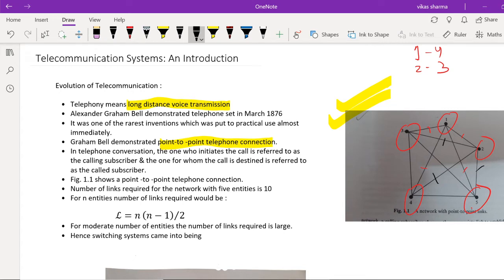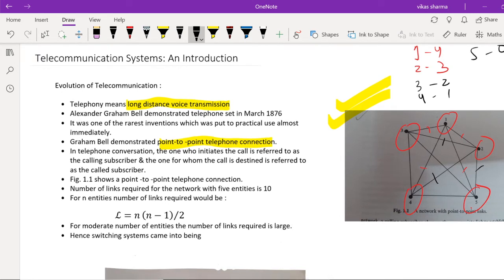So the second entity requires three links. Similarly, third would require two links, fourth would require one link, and fifth zero because it is already connected. That means the total number of links required in such a network having five entities is equal to 10.